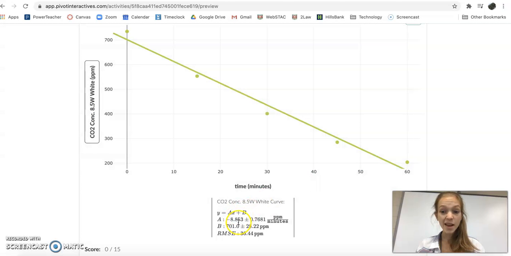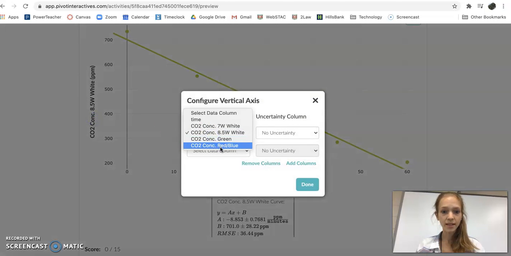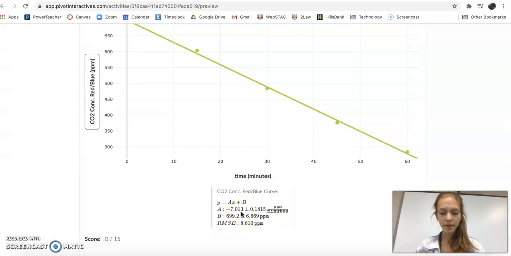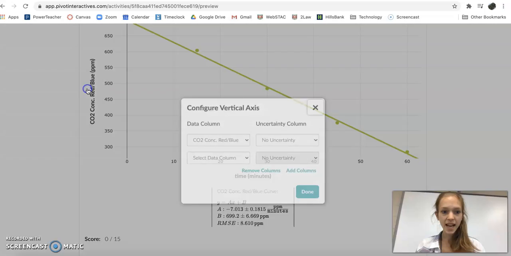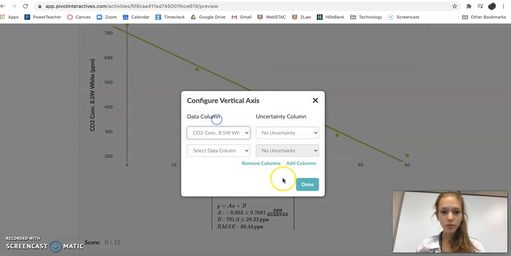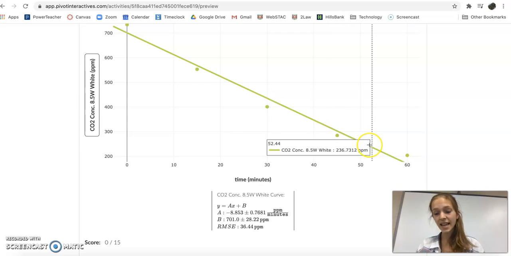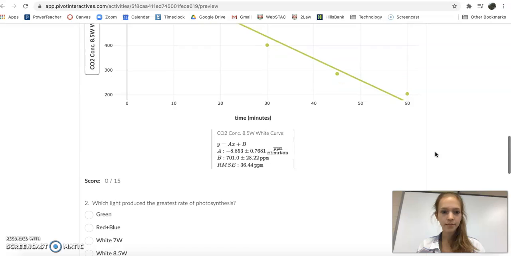I've got a negative 8.9 for 8.5 watt white light. And I've got a negative 7 for red and blue light. So it looks like my 8.5 watt white light had the most negative A value, which means the steepest downward line, which means the fastest photosynthesis.